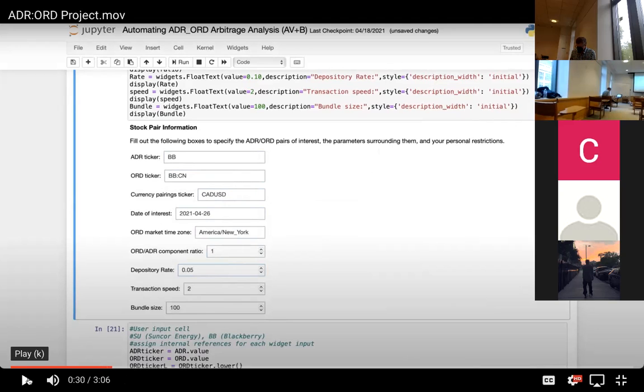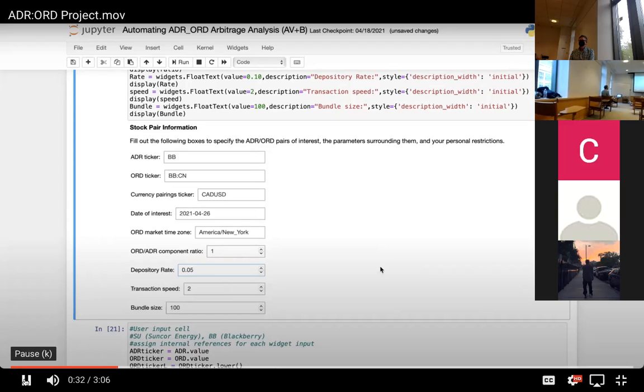The transaction speed is measured in trades per minute. So that means they can trade every 30 seconds. The bundle size is the number of shares that they can trade at any one time, because a lot of the time depository institutions will allow for bulk orders to run more smoothly. And the component ratio has to do with how many shares of the ORD is represented in the ADR.